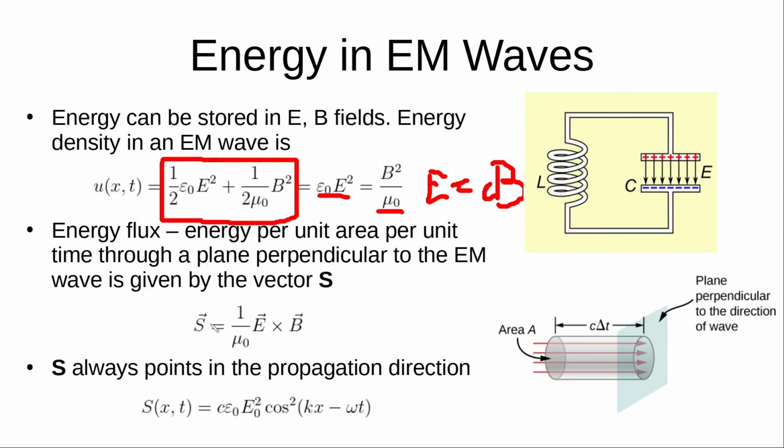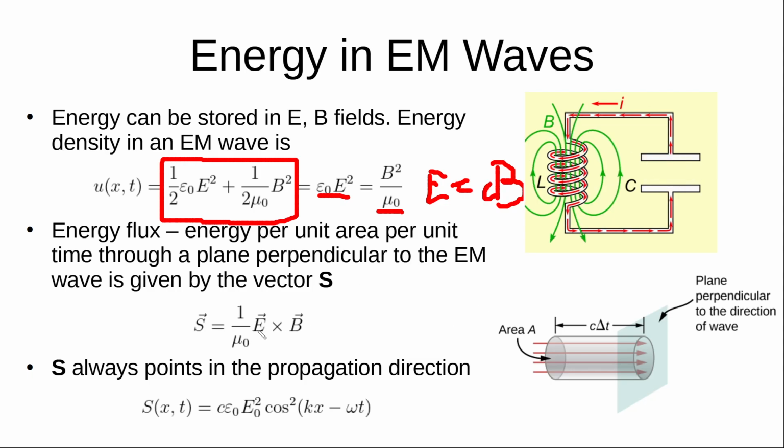And this gives us the energy flux, the energy per unit area per unit time that is passing through a plane that's perpendicular to the direction of the electromagnetic wave. And that's given by this vector S, which is just equal to 1 over the permeability constant times the electric field crossed into the magnetic field.